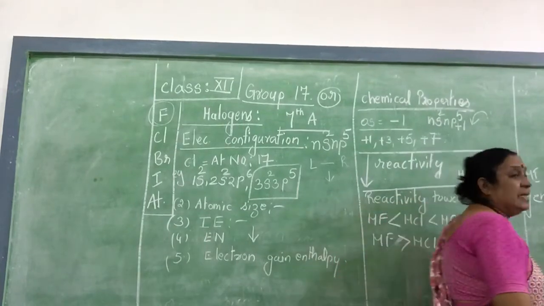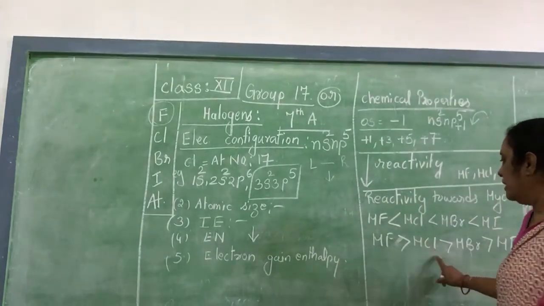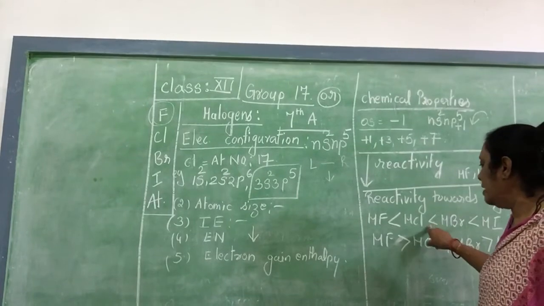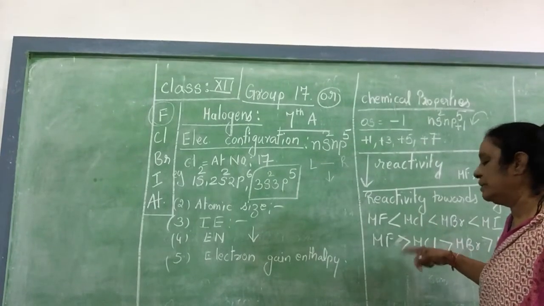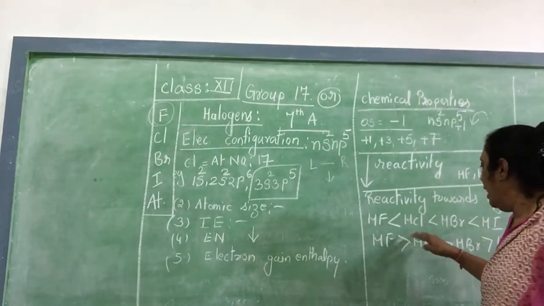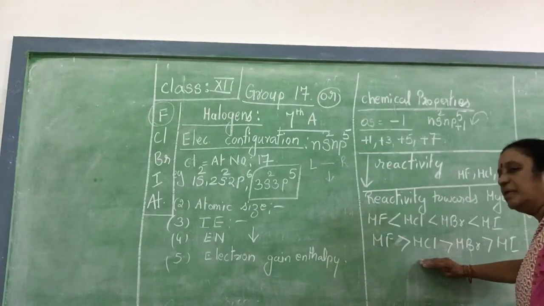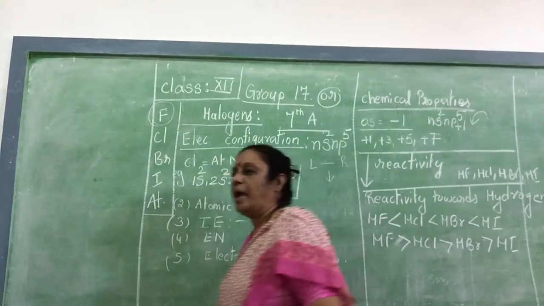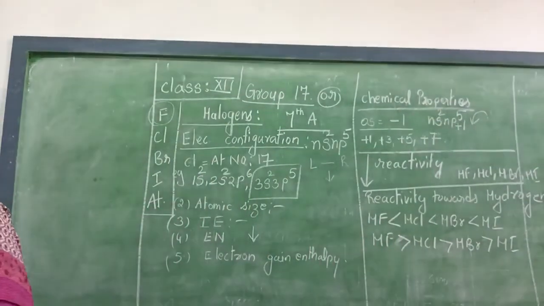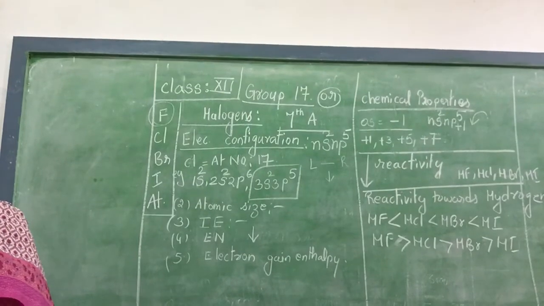So the stability and acidic character are just reverse. If the acidic character increases, stability decreases down the family. Clear, children?